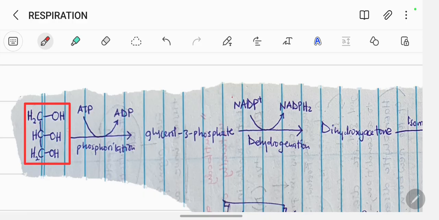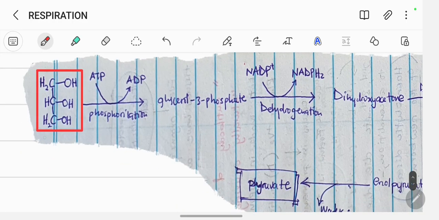So I'm having my glycerol here. And from my glycerol, I want to see how this glycerol is going to be turned into an energy producing molecule.